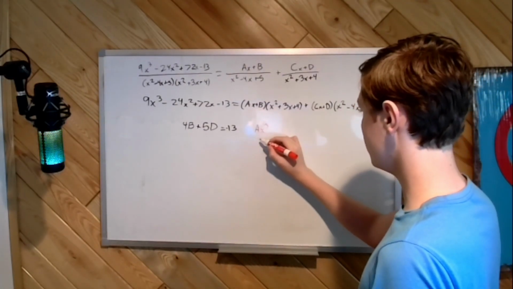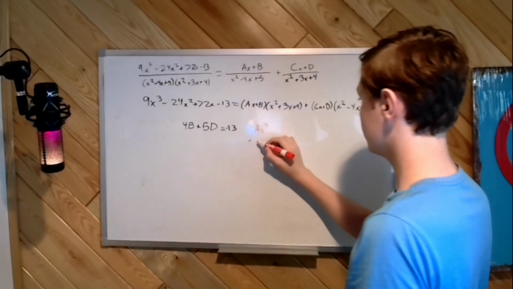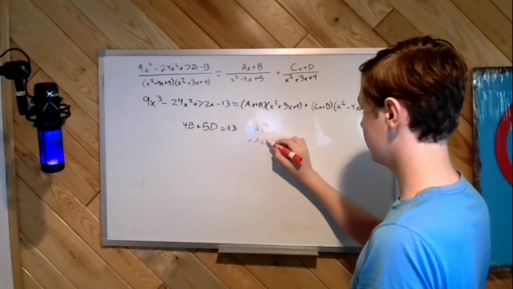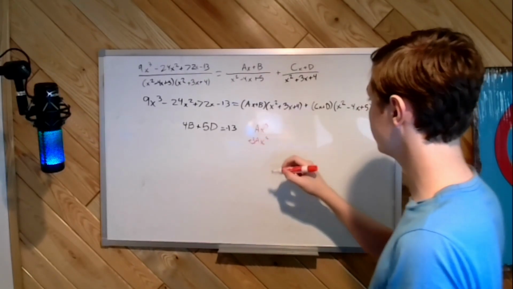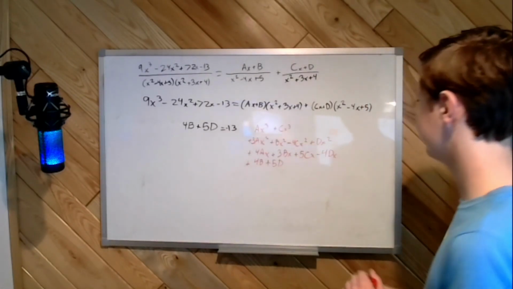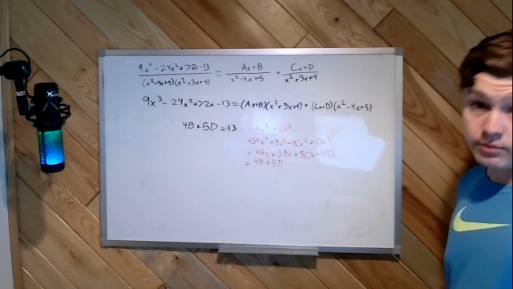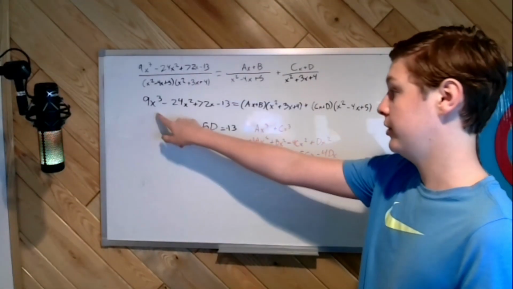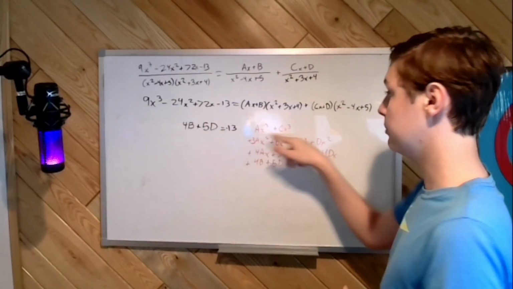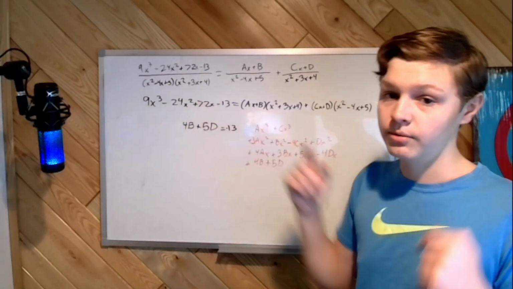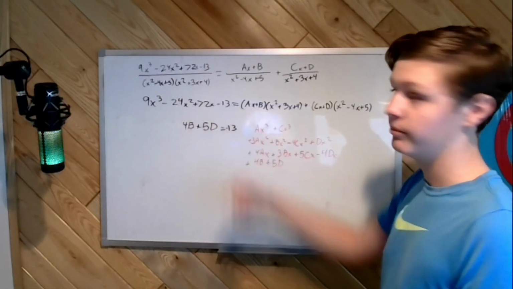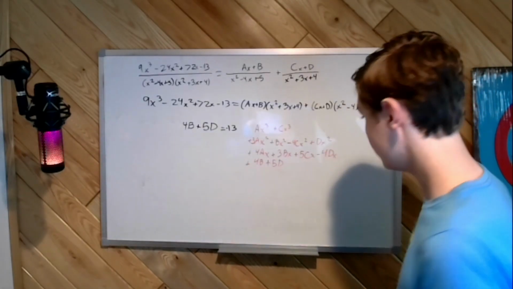Plus, this is going to make a lot more sense soon, 3x squared plus 5d. Now, what we know is that from over here, this is the cubic term, which means a and c both need to add up to 9, so we can generate a system of equations based on this for the x squared, the x, and the coefficient terms.